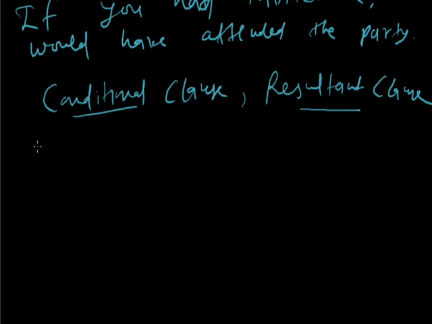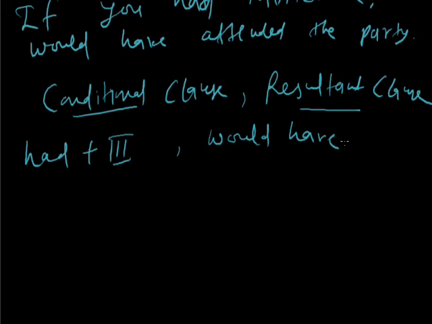So in the conditional clause, in this sentence we are using had plus the third form of the verb, and in the resultant clause we are using would have plus the third form of the verb. Let me give you yet another example to clarify it further.